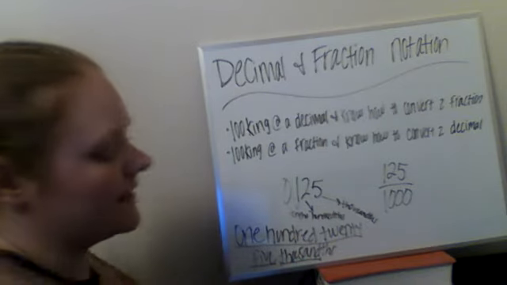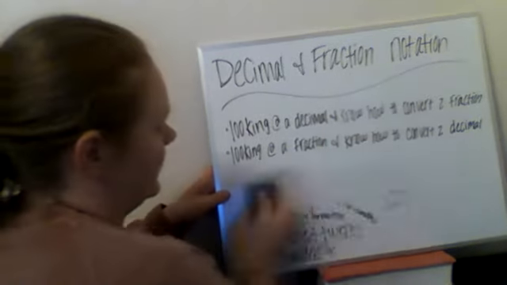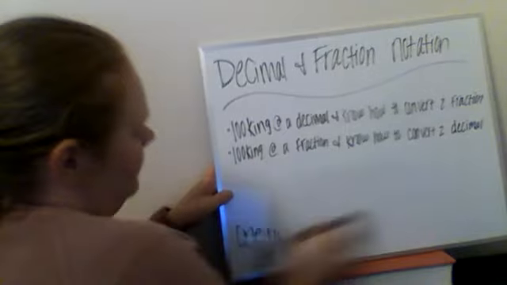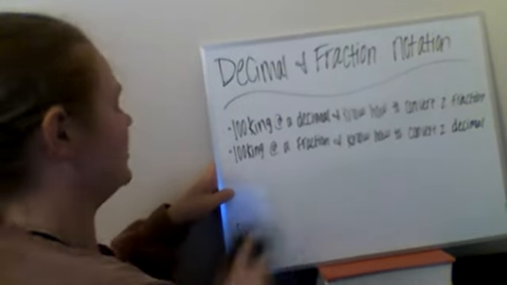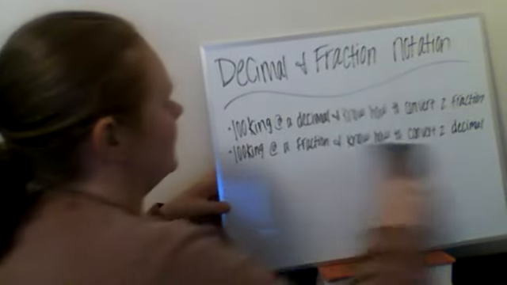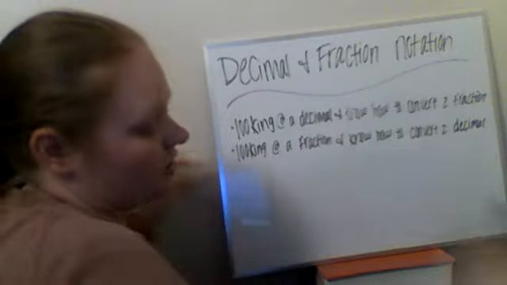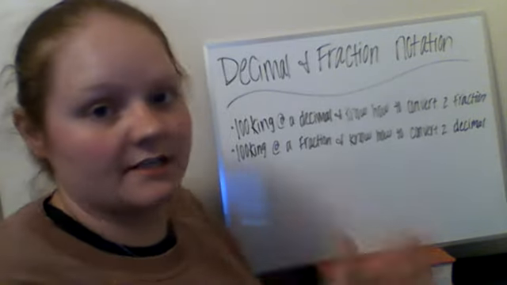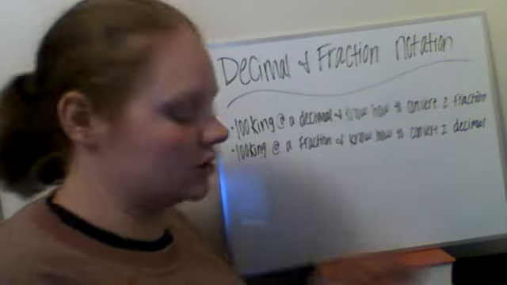Now if I gave you the opposite, I gave you a fraction for that, because you need to be able to go back and forth, because I said as good mathematicians, you need to be able to go from decimals to fractions and from fractions to decimals.